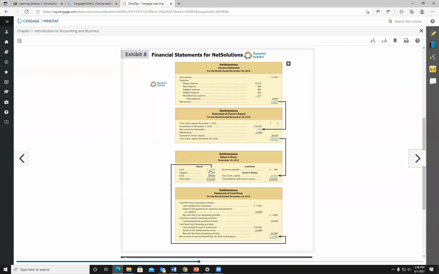We have here our assets. So we have a cash balance of $5,900, supply balance of $550, and land that we purchased for $20,000. So our total assets should equal $26,450. And if we look over here, we have our liabilities, which is $400.